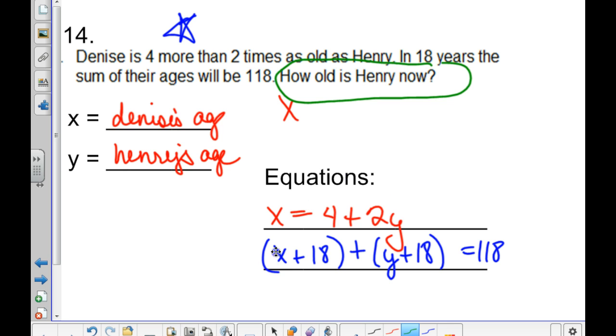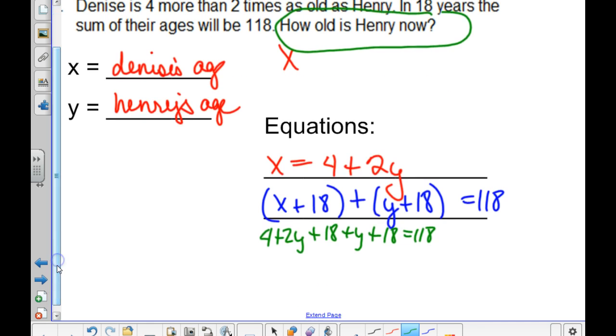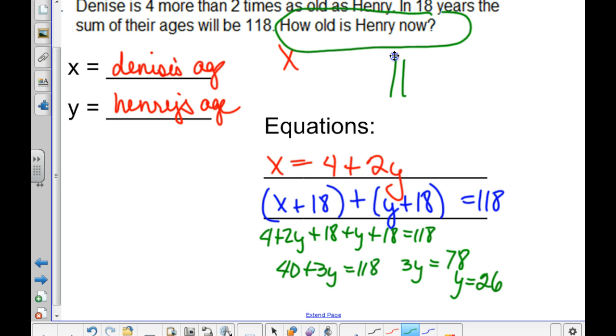We could just do substitution, couldn't we? Henry is 26, yep.